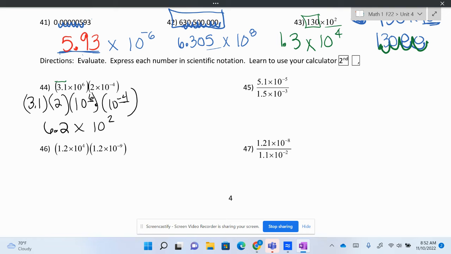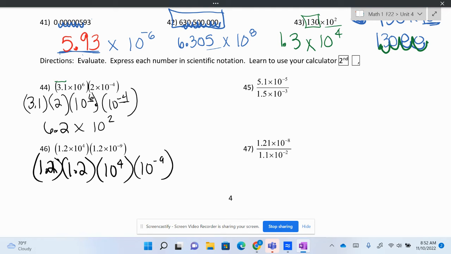So someone tell me how to do number 46. How should we rewrite that? Let's change the order up a little bit. Yeah, 1.2 times 1.2. Perfect. So what is 1.2 times 1.2? Well, 12 times 12 is 144.